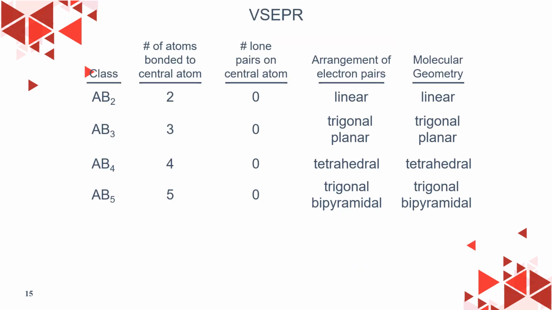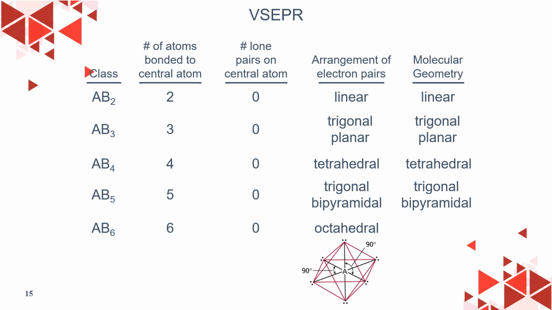The last one is AB6, in which the central atom could hold 6 pairs of electrons, or 12 valence electrons, all of them bonded atoms and none of them lone pairs. It results in an octahedral molecular geometry.